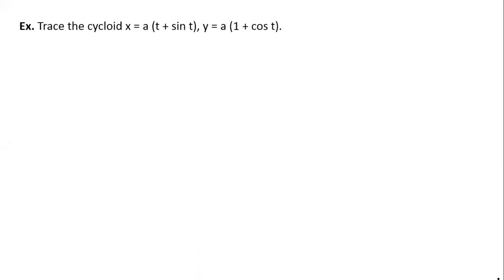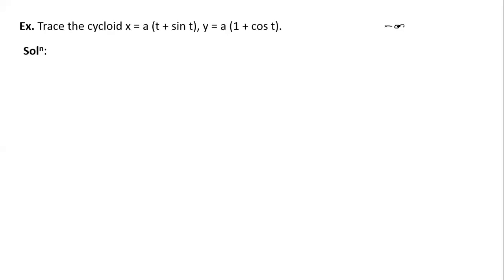Now trace the cycloid. x is equal to a times (t plus sine t), and y equal to a times (1 plus cos t). Again, I want to tell you that here t is going to be any finite real number.